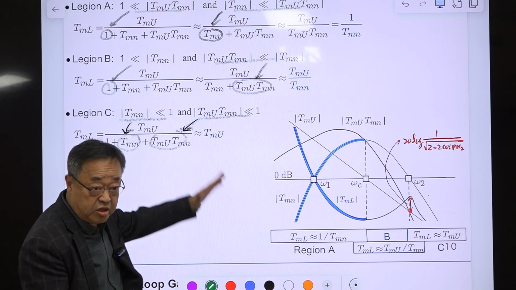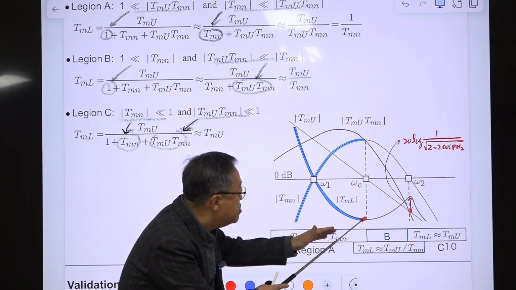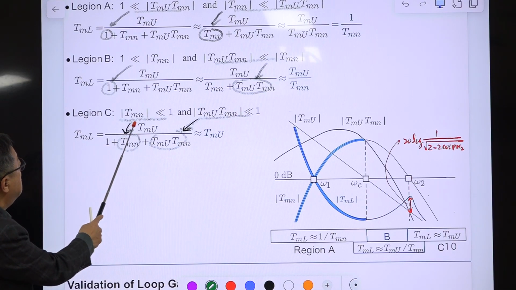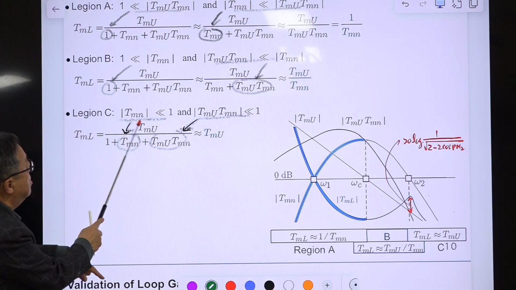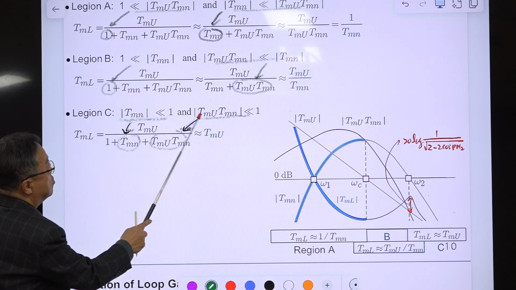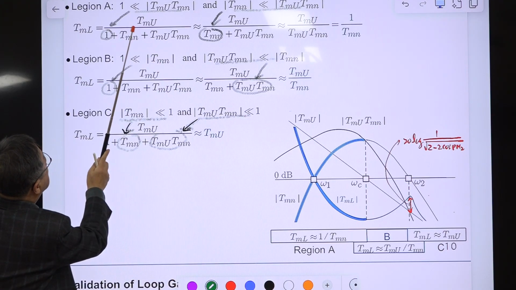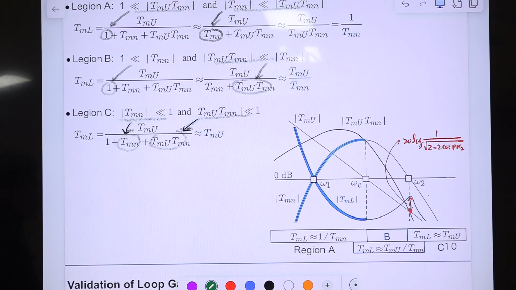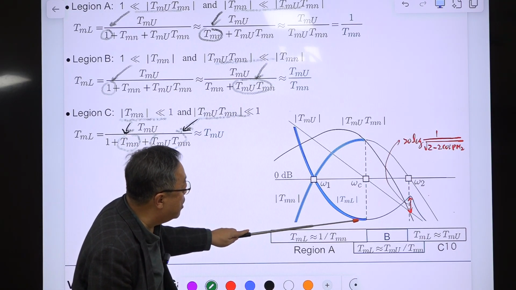You can subtract this to construct this. But this is a short range, okay, just to hold on, right? And after this, everything becomes small. TMN is smaller than unity, below 0 dB, and this one is also below 0 dB. So you ignore this, and the remaining is what? TMU, okay? So this is the construction of loop gain.